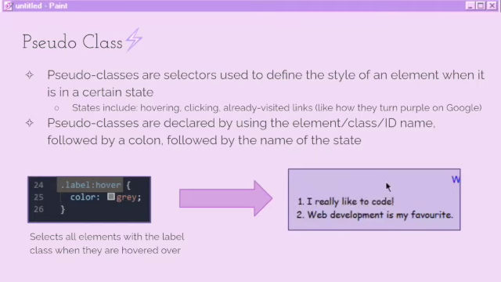Now we're going to say, okay, all those paragraphs that are gray, when we put our mouse over them, they're going to change color. So you're taking that class of all of the paragraphs that were gray, and you're saying, when my mouse hovers over these paragraphs, I want them to change colors.